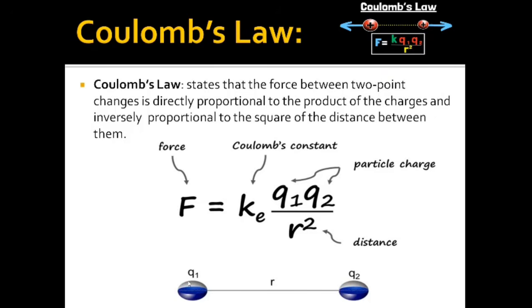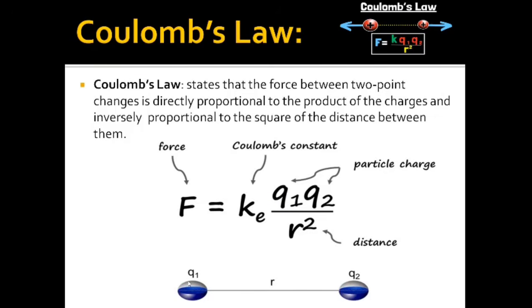Let me explain. If you see the two balls down, we have Q1, we have Q2. Those are two different charges, the charge 1 and the charge 2. Now, Coulomb's law says that whenever you have a system like this where we have two isolated charges acting on each other, they interact with a force, and that force of interaction is directly proportional to the product of both of them.